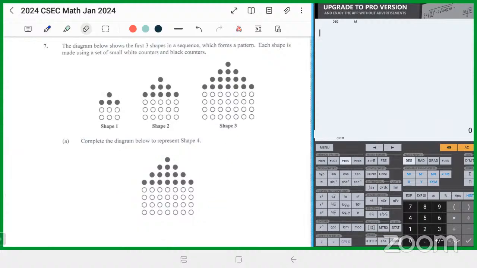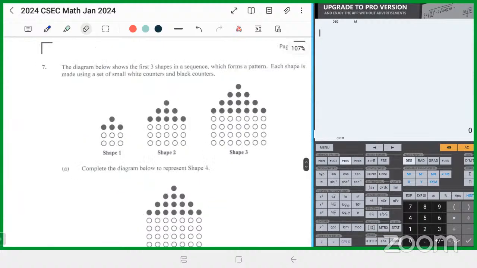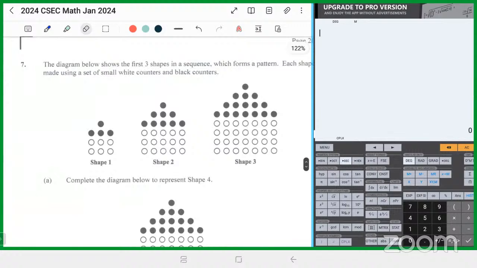So we have to observe how the change in the pattern is going. So looking at this, in terms of going from this one to this one, firstly, I see that there's one additional line of white circles. Let's just call them circles. And there's also one additional line of black circles.